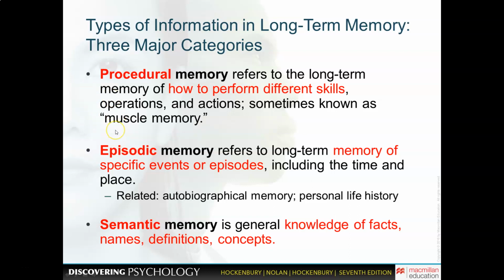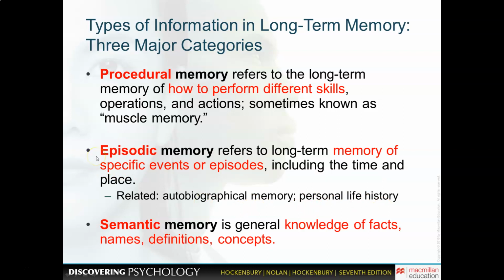Okay, the second type of information is episodic. Episodic refers to memory of specific events or episodes. So basically including the time and place. That can be also autobiographical memory, our personal life history.